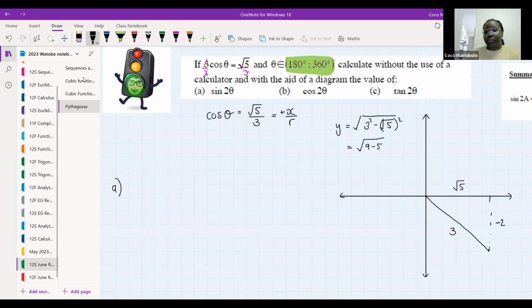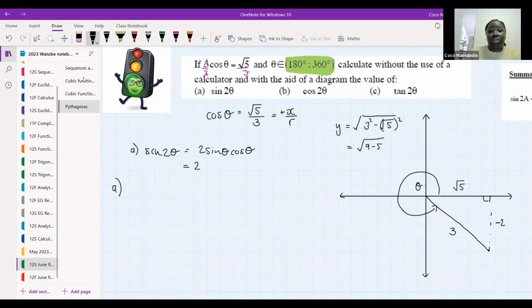All right. So from here, remember, guys, our theta is always around. There's our theta there. We need to contextualize our theta. Now we can answer the questions. Sine 2 theta. Now we're going to use the double angle. Sine 2 theta is equal to 2 sine theta cos theta.